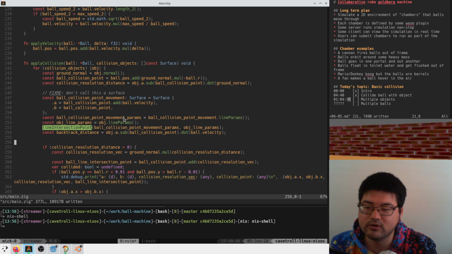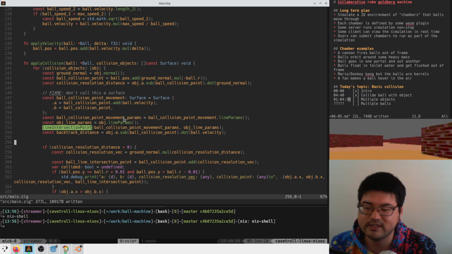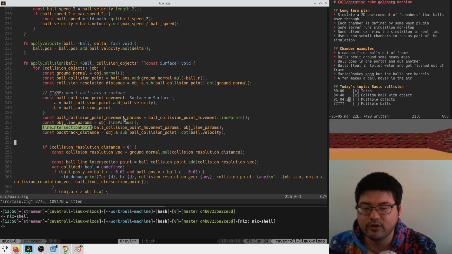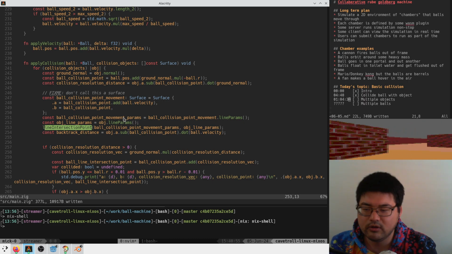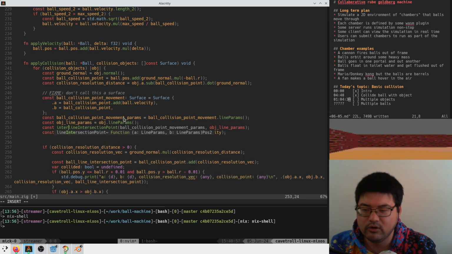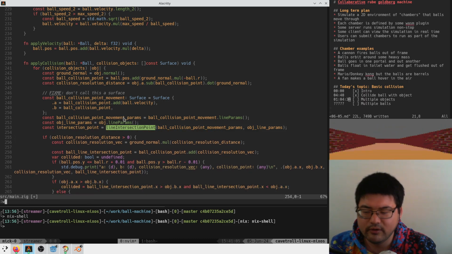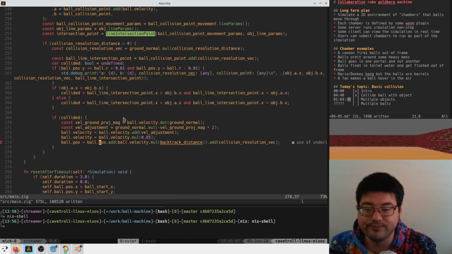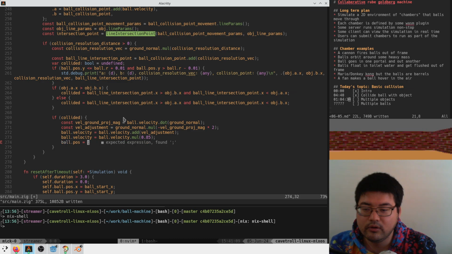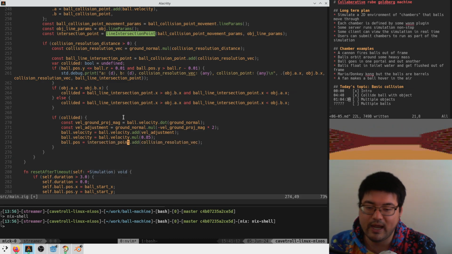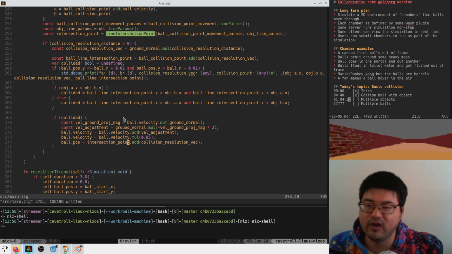This seems reasonable. Yes. Const intersection point. Yeah. Backtrack distance goes away. Then this just becomes intersection point, add the resolution vector, which still is fine.